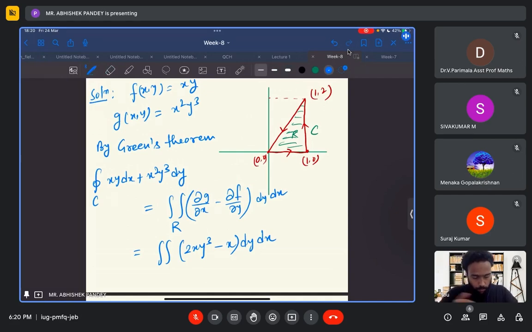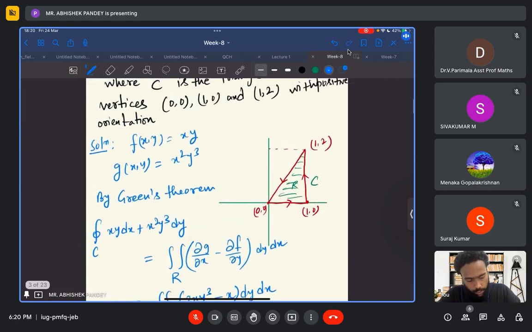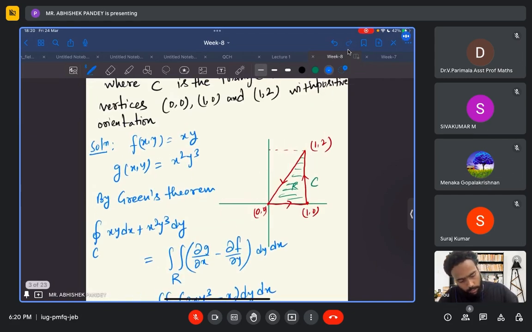How will we put the limits? We want the y limit to be a function of x. So we have to see what the equation of this curve is. The equation of this one is basically y equals 2x, isn't it? So we will draw a horizontal.